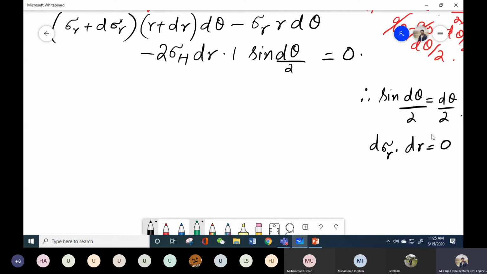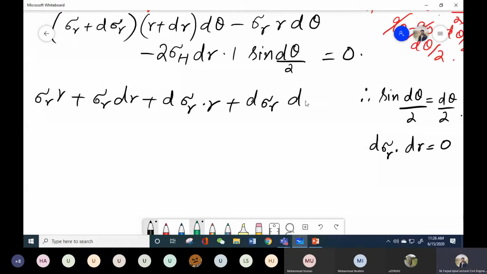So if I simplify this equation, I will get sigma r into r plus sigma r dr plus d sigma r into r plus d sigma r dr minus sigma r into r minus sigma h into dr, that is equal to 0.